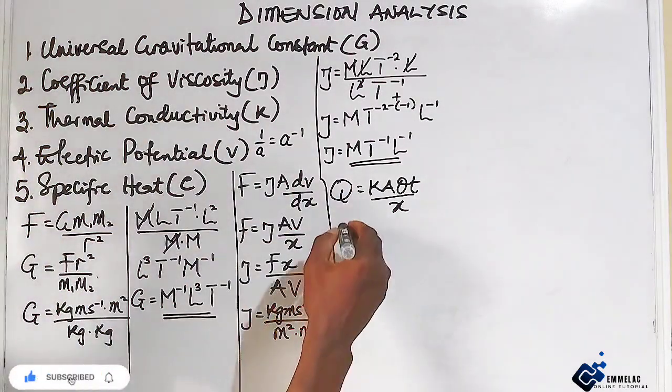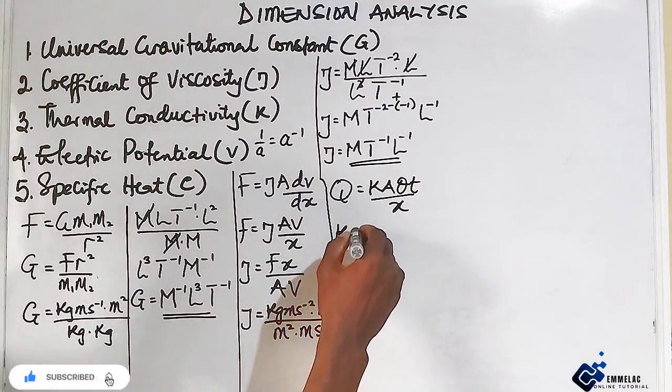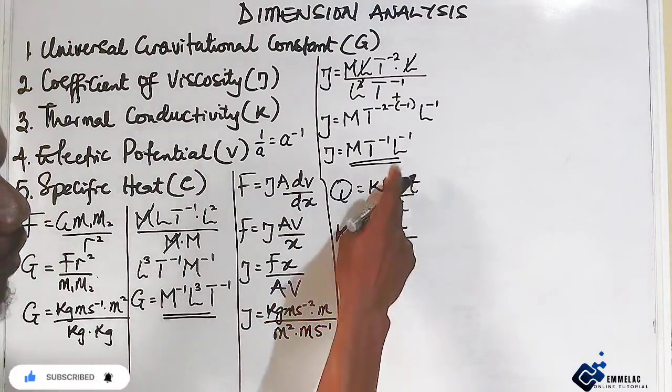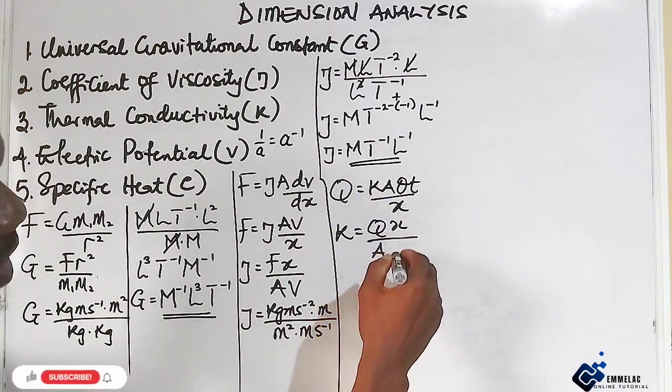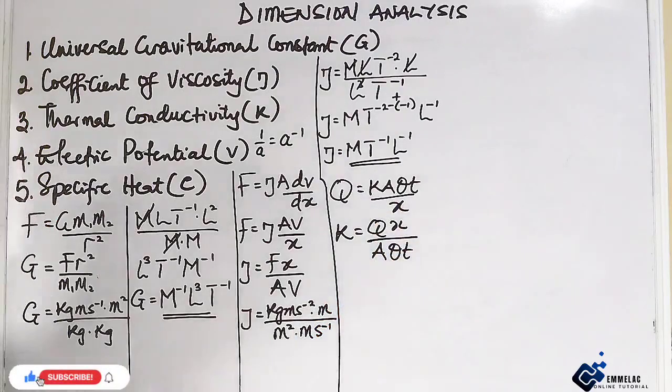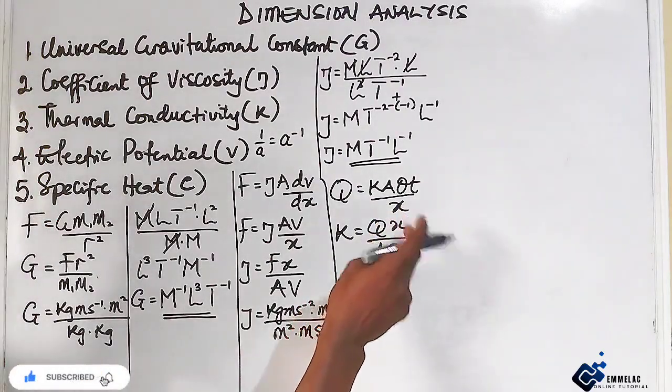Here we have K equals Q x, all over A, the temperature and time. Now let us convert this to their various units.